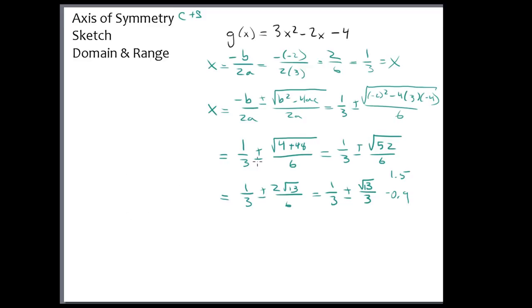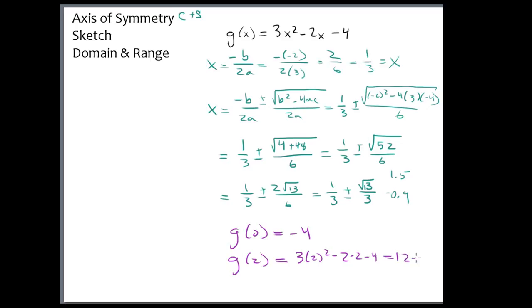That's pretty good. But I think I want some points too. I'm going to do g of 0 is -4. That's good. And we've got these numbers. I want g of 2. Let's see if that's not too high. g of 2 should be 3 times 2 squared minus 2 times 2 minus 4.